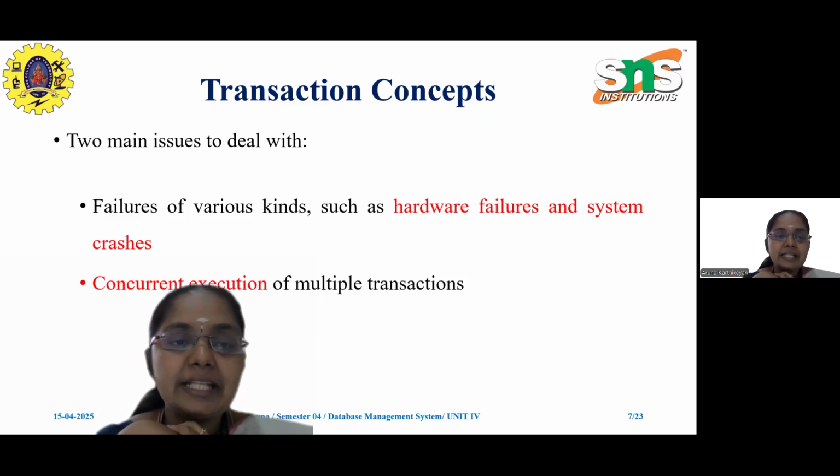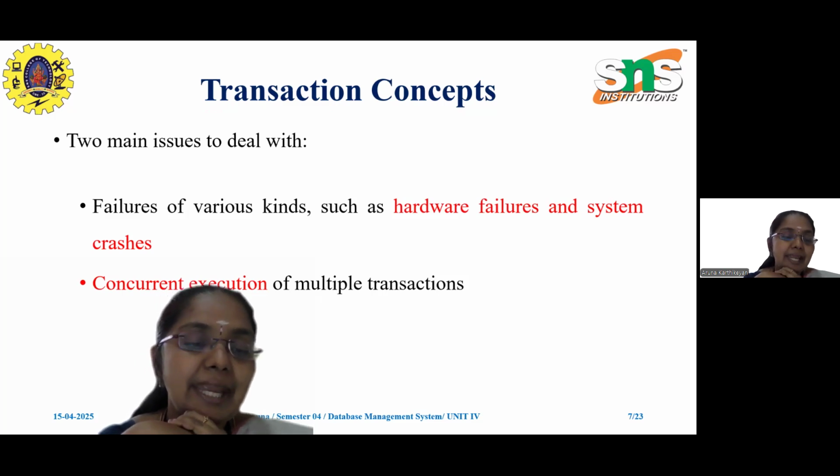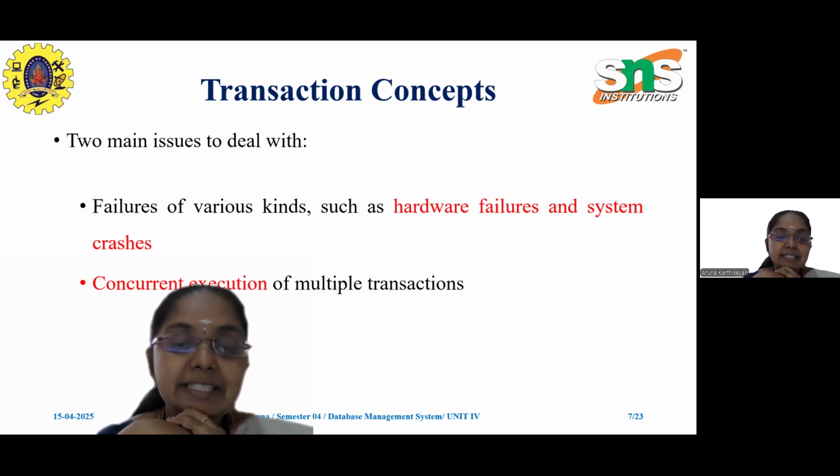Another issue is concurrent execution, because if you are going for a transaction, we are not doing a single update, we are doing multiple updates, and concurrent execution is possible. Multiple users can connect to the same data item. For example, a bank and its customers.